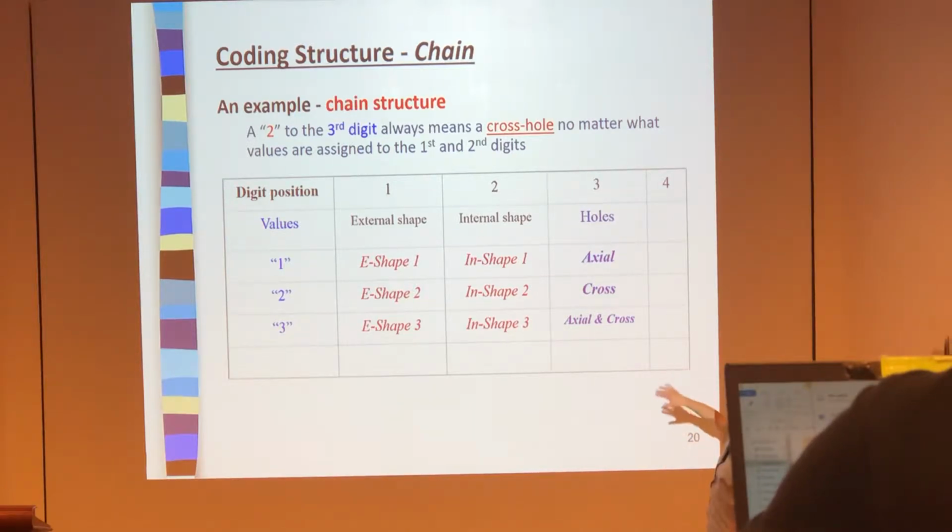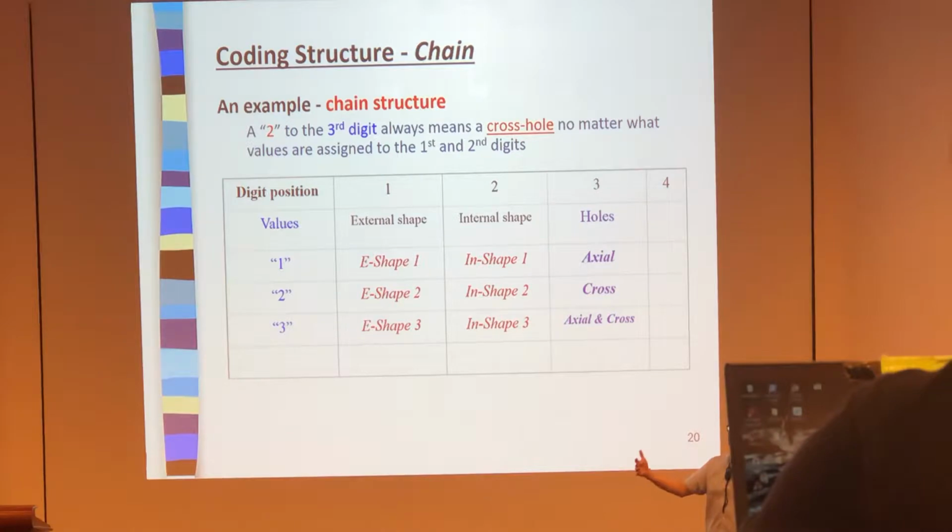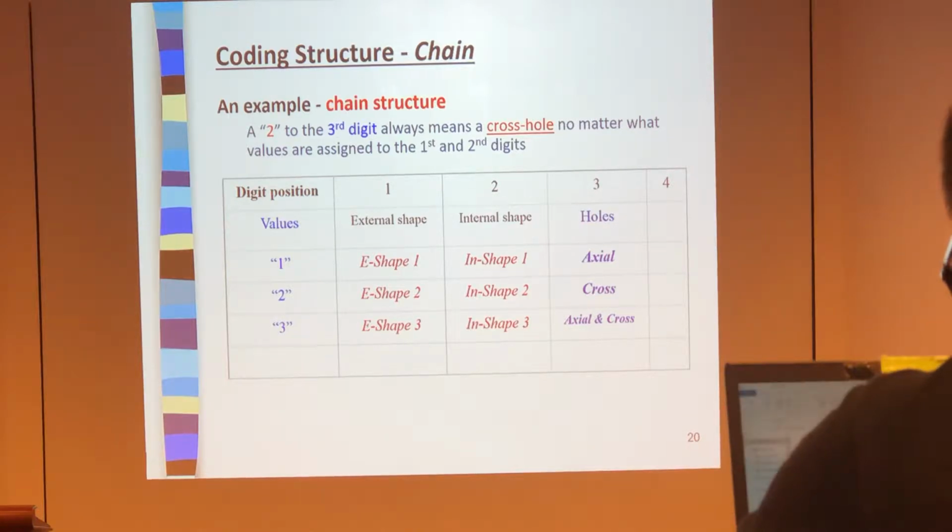So this kind of structure is very easy to manage, easy to define, and easy to interpret. Once you define a coding structure, you can interpret a code quite easily. Okay, so this is the chain structure.